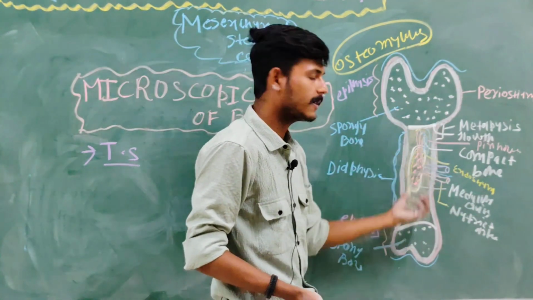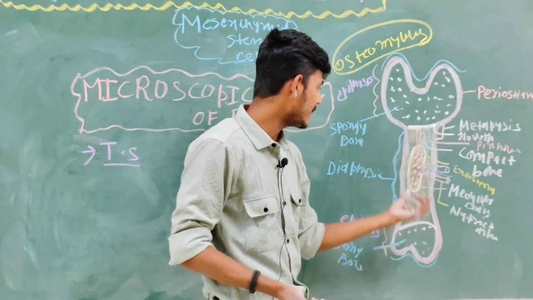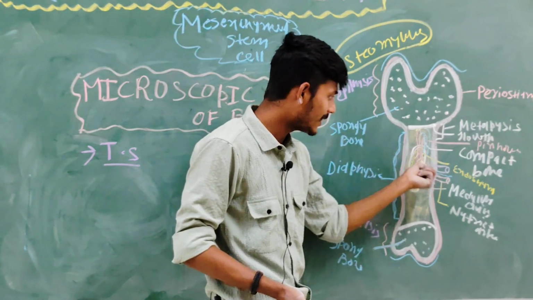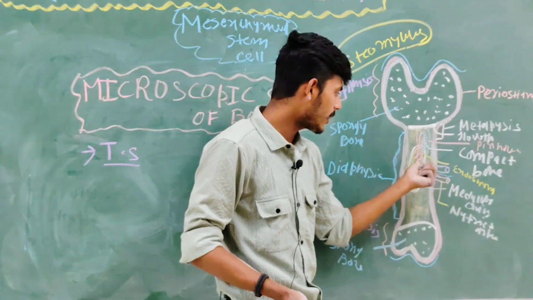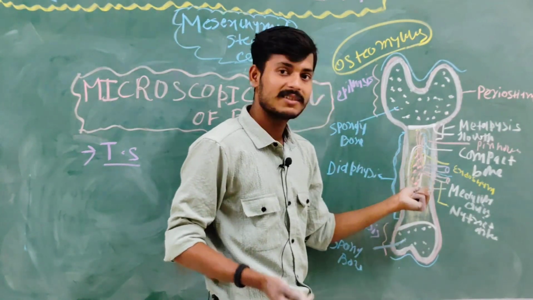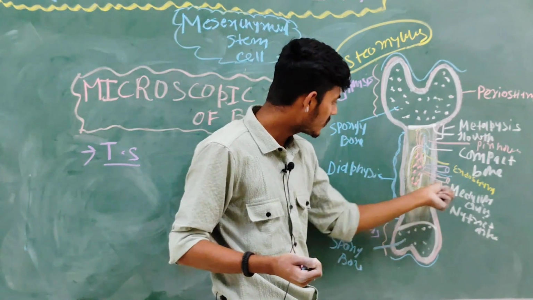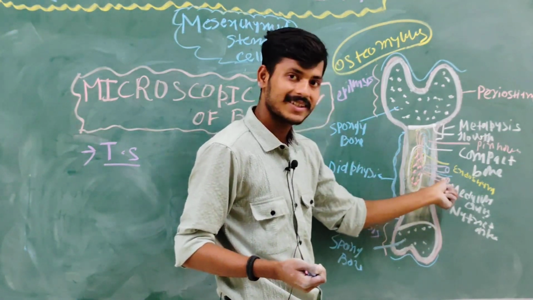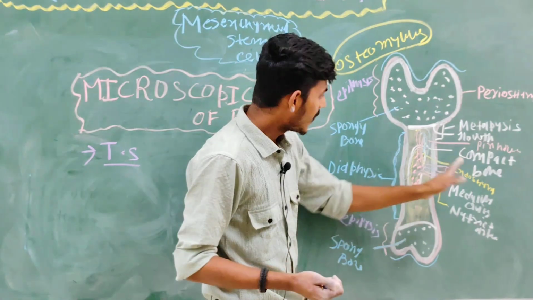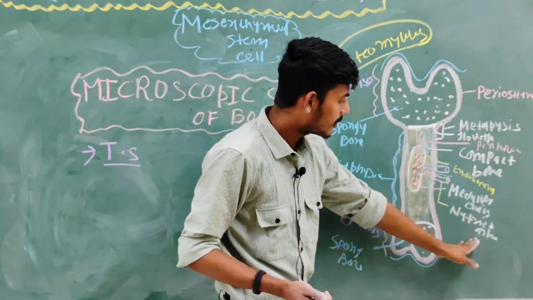Here there is a presence of the medullary canal, and inside the medullary canal it is lined by the endosteum. In the medullary canal there is neuroepithelial tissue, or your bone marrow, and here is the invasion of blood vessels, lymphatics and nerves. As I said, the blood supply is called the nutrient artery.